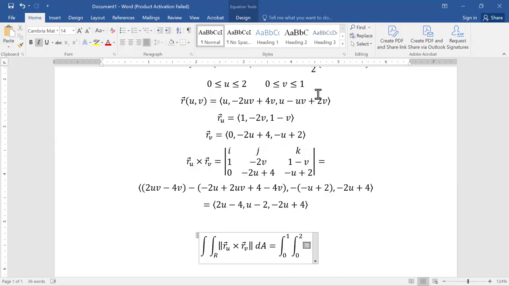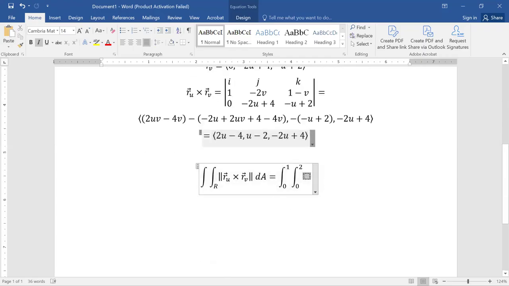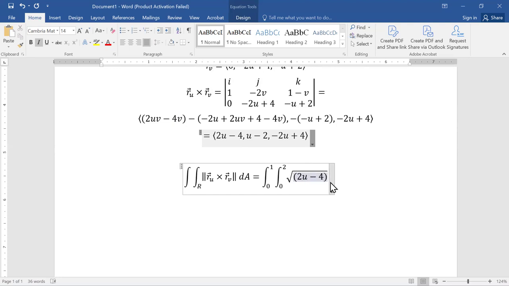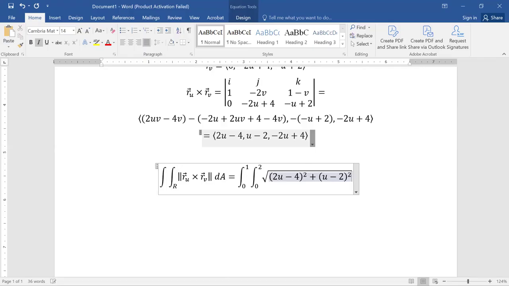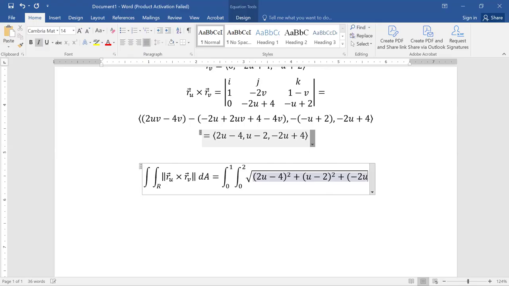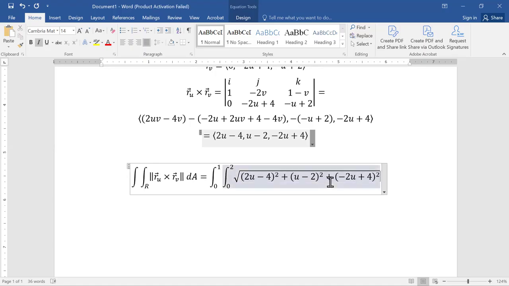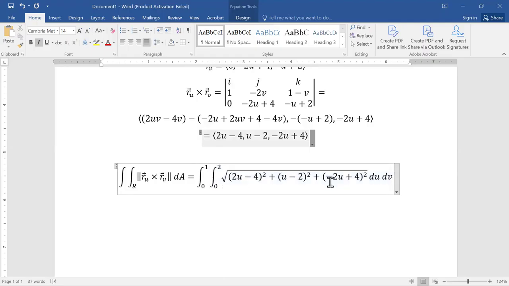The magnitude of this vector here, remember how to get the magnitude, that's the square root of each of the components squared. So I take 2u minus 4, square it. I take u minus 2, square it. And I take negative 2u plus 4 and square it. I'm going to be integrating with respect to u first and then with respect to v second.